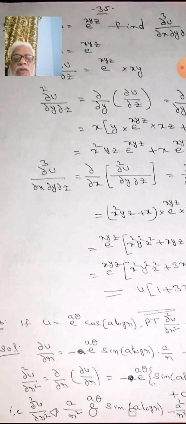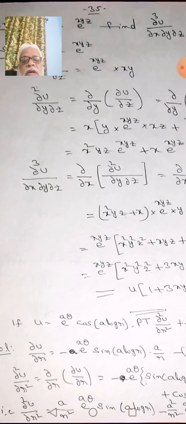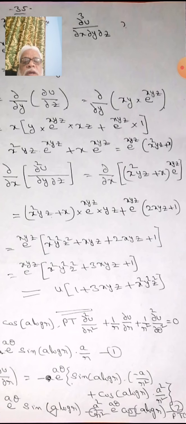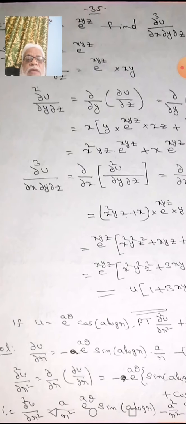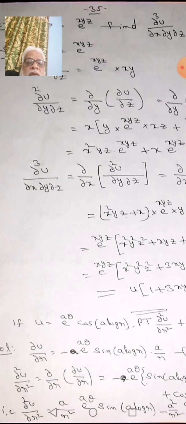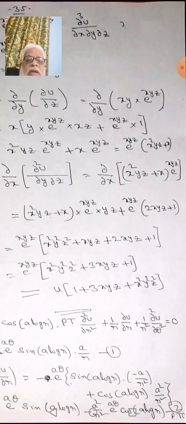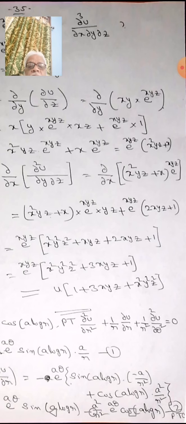So finally dou 2u by dou r2 is a by r square e power a theta sin of a log r, because two minuses become plus, plus cos of a log r, sorry, here minus is there, a square by r square e power a theta.